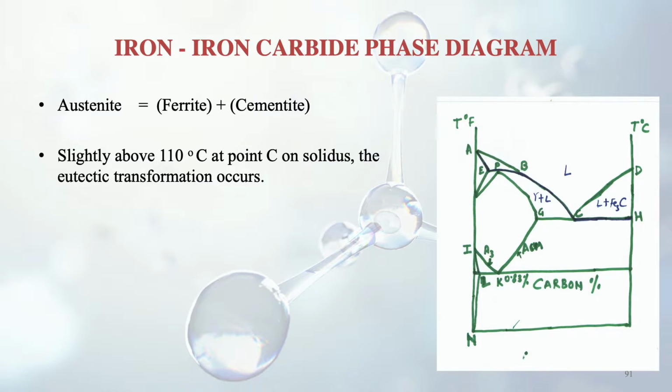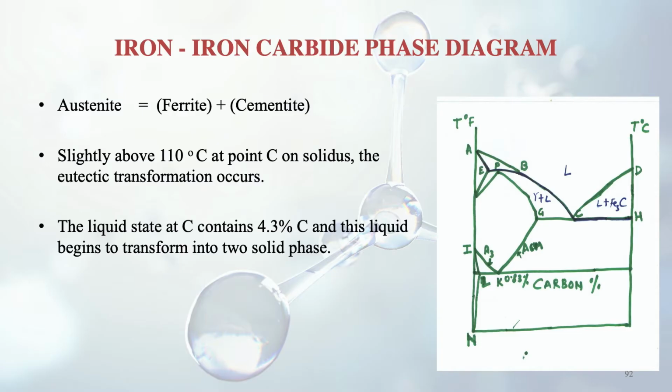Slightly above 1130 degrees centigrade, suppose we move up to point C in the figure on the solidus, the eutectic transformation takes place. Like we have the eutectoid point, similarly we have the eutectic point. This eutectic point is given by the liquid state at C. It contains 4.3% carbon, and this liquid begins to transform into two solid phases.